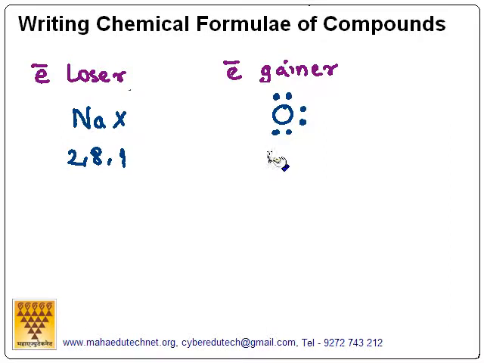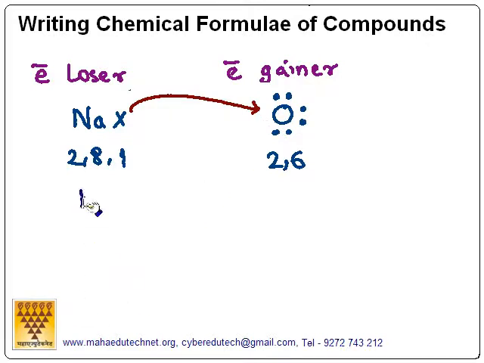Both these atoms want to attain the stable state by having 8 electrons in their outermost shell. Now when these two atoms come close to each other, the sodium can offer its only electron to oxygen, but oxygen requires one more electron to attain the stable state.